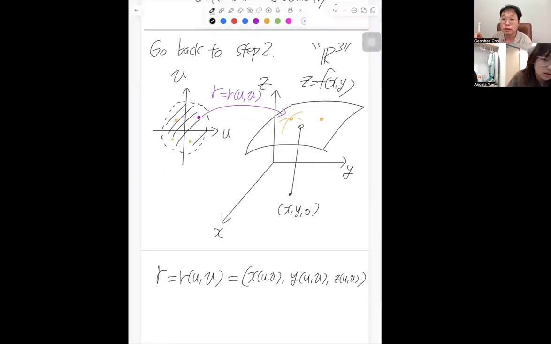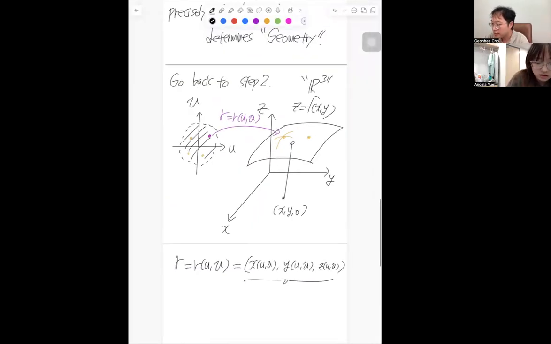Of course, each point sits on the surface, but it should consist of three components in R3. So for each (u, v), this parameterization determines each of the components, so that you have one point on a surface.